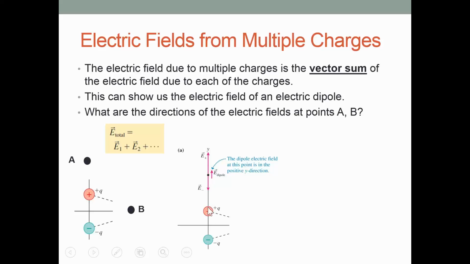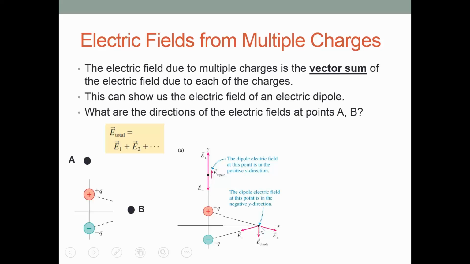The positive one is greater because it's closer. So combined, we have a field up from the positive charge and a field down from the negative charge, and our net electric field from this dipole is going to be an upward vector at point A.